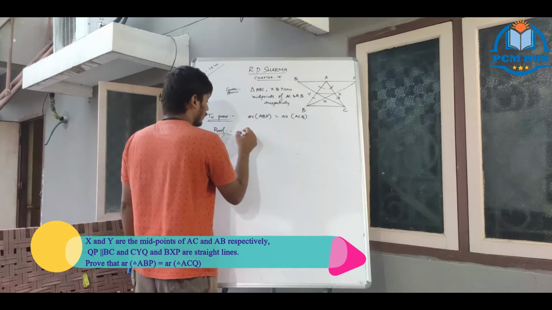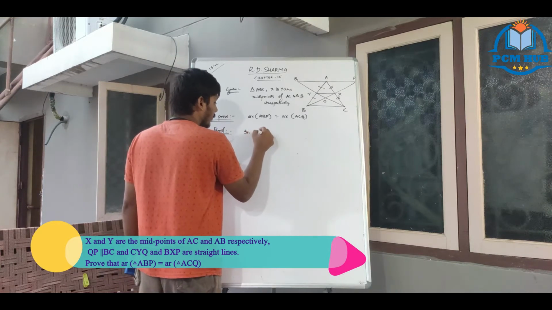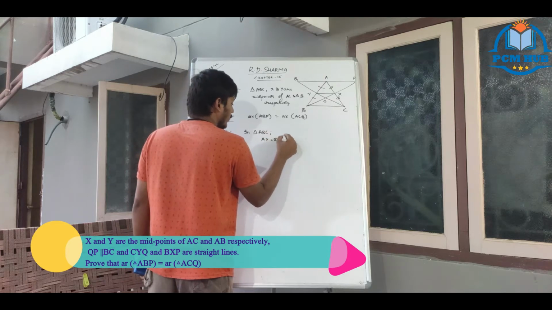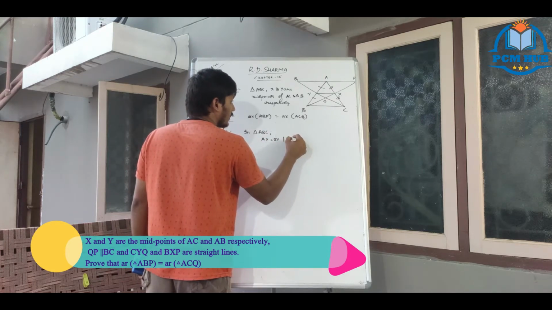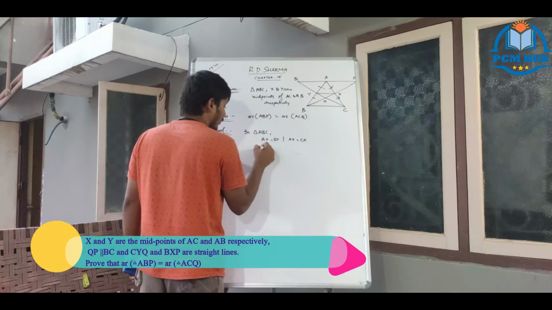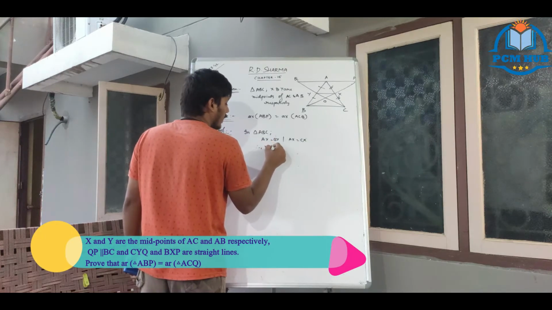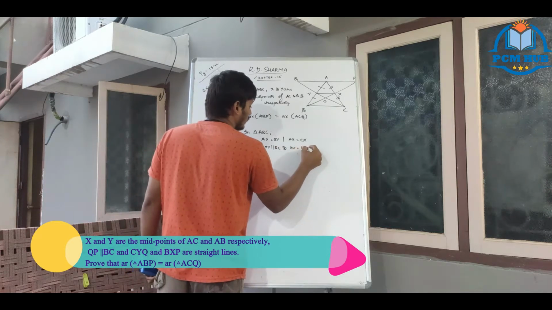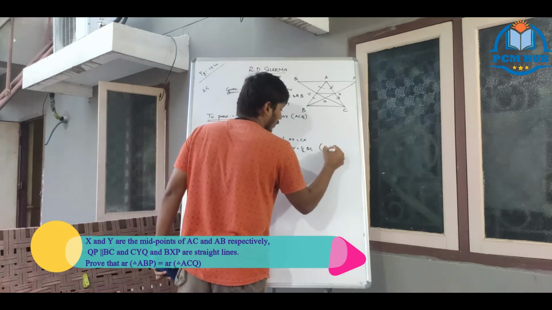Therefore, in triangle ABC, AY equals BY and AX equals CX. Therefore, XY is parallel to BC and XY equals half of BC by the midpoint theorem. First thing.